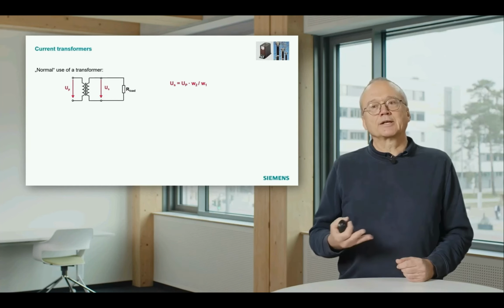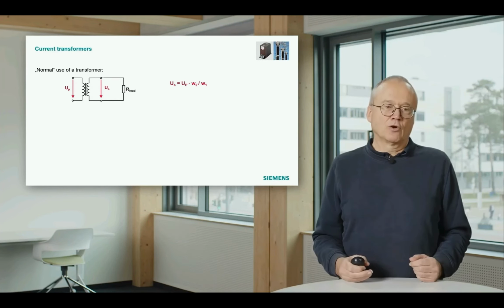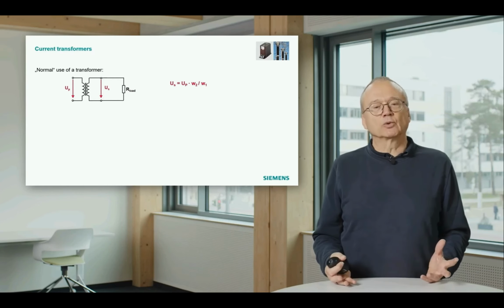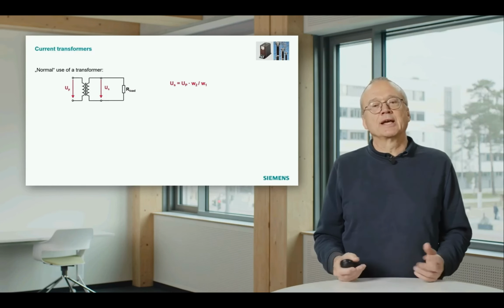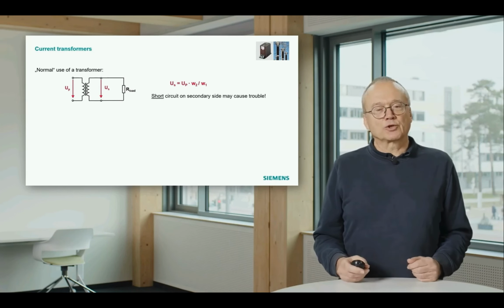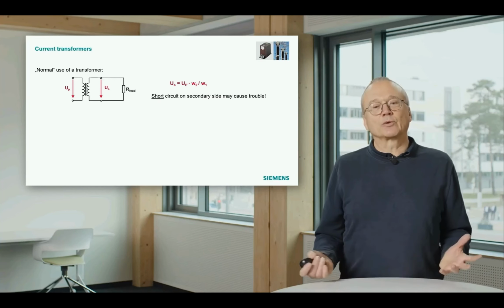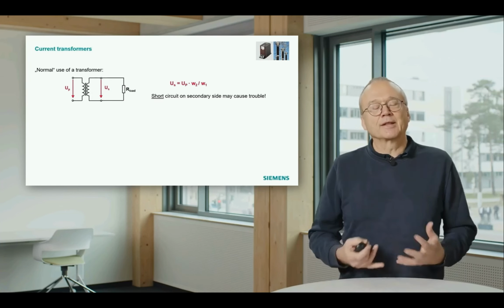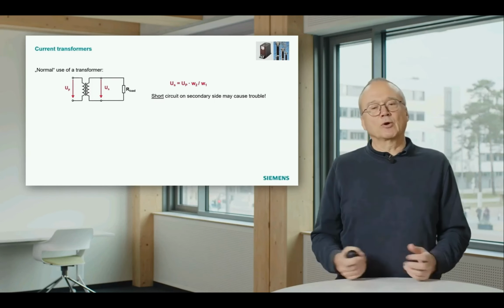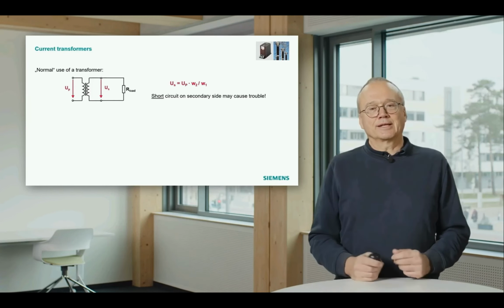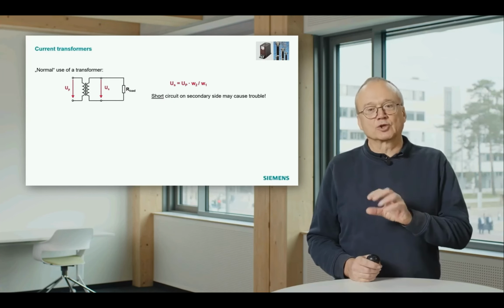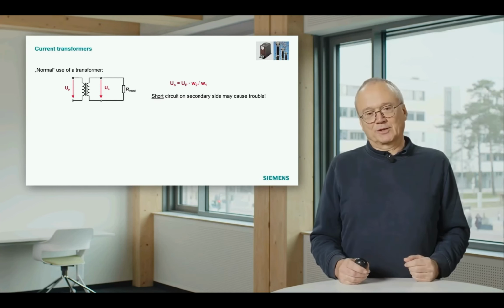You can do that until you reach the limits of this transformer, and then you run into an overload situation. And the extreme thing would be if you make a short circuit on the secondary side, that will cause trouble, because then the transformer cannot maintain the voltage, the current becomes too high, the power becomes too high, then it doesn't work. So for a normal transformer, you have to avoid a short circuit on the secondary side.